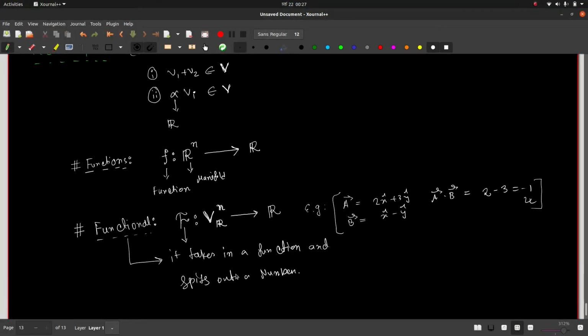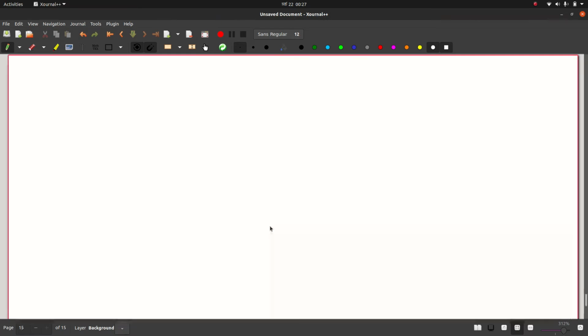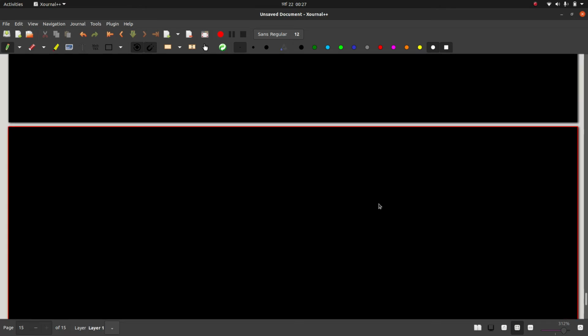So in that sense, a definite integral would also be a functional. A derivative at some point would also be a functional. So you have already seen examples of functionals, but this is the definition that is not introduced in your general first year calculus books.